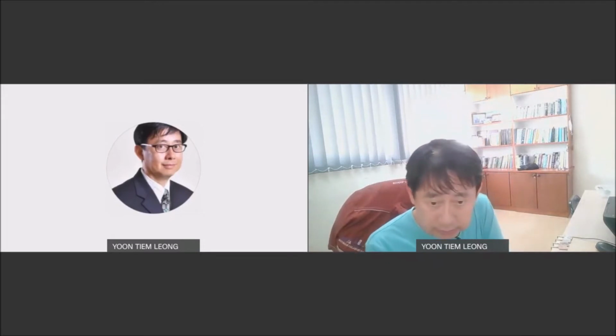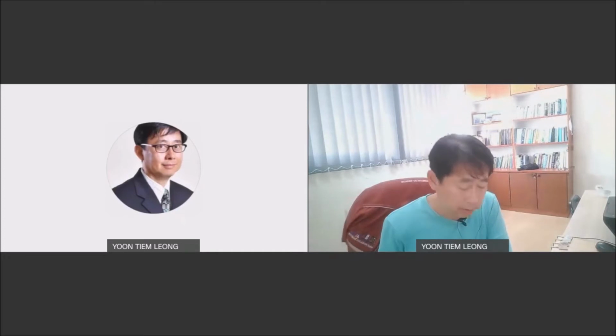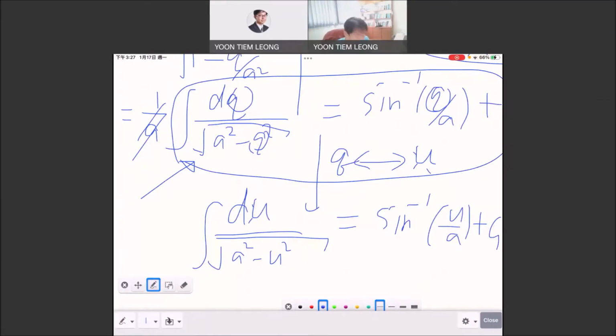Okay, I think it's not done yet. There's a mistake in the share screen, so let me revert. I have fixed my screen. So this is the version in terms of q. I just replace the symbol q by u.